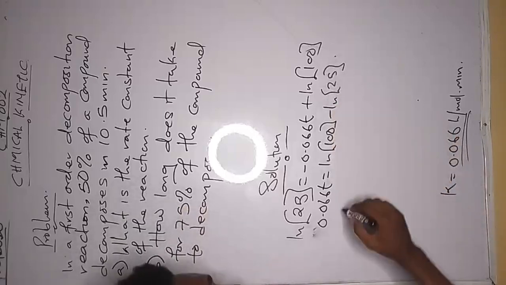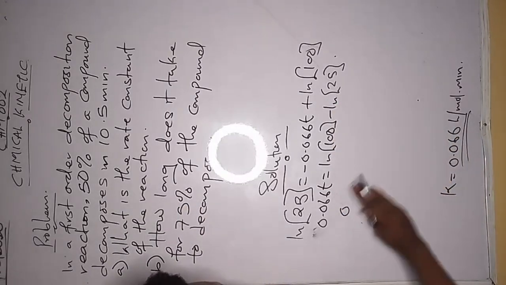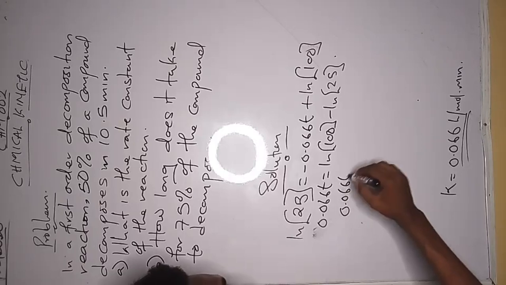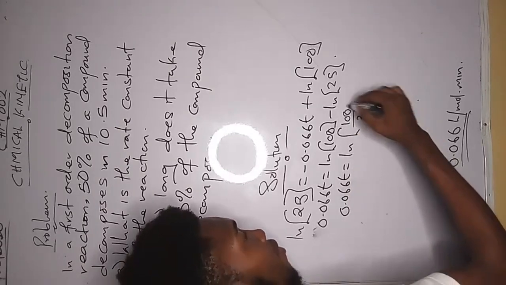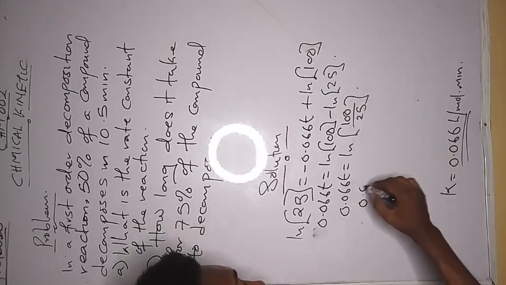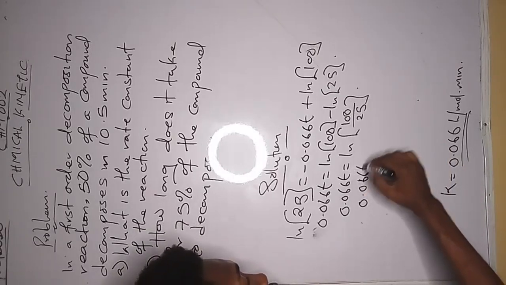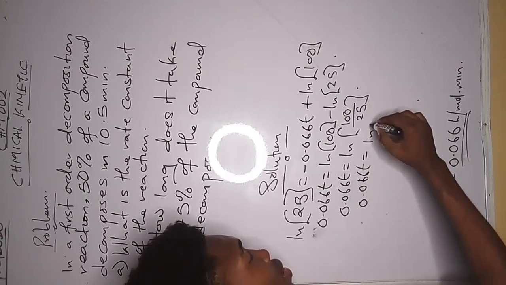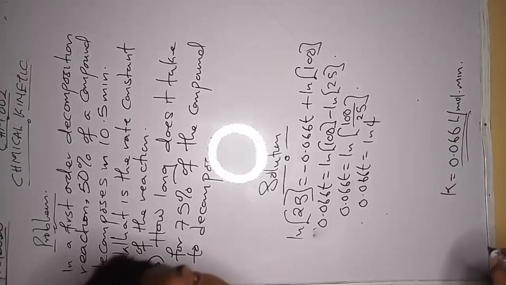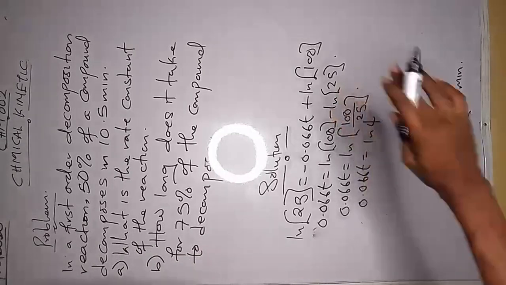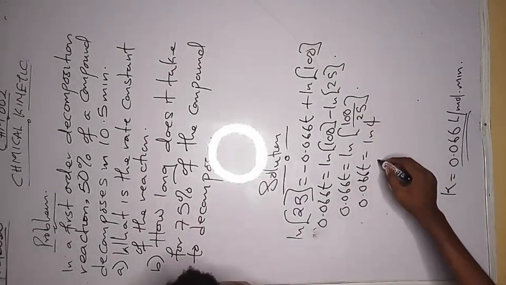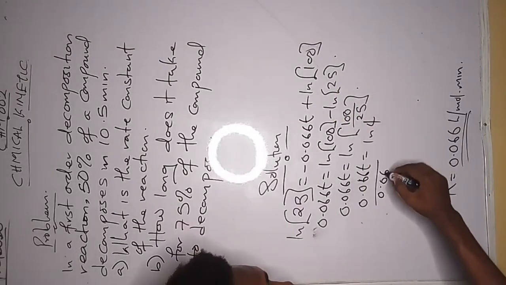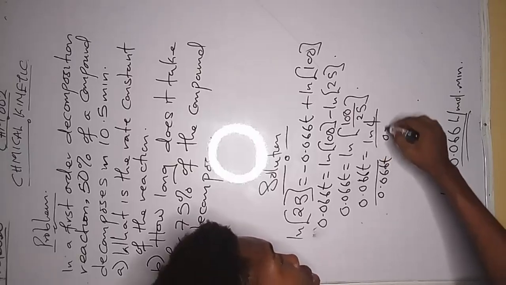I know this ln is like logarithm, you operate with it like logarithm. This will become ln of 100 over 25. So it's as good as saying 0.066 T equals ln 4, which is like ln 2 plus ln 2, which will give 1 point something. Dividing both sides by 0.066, T will be equal to ln 4 over 0.066.